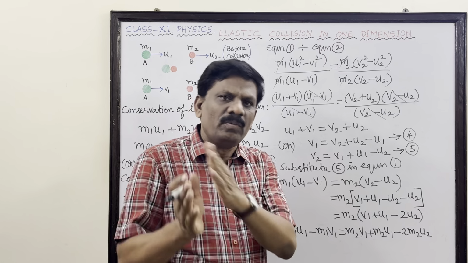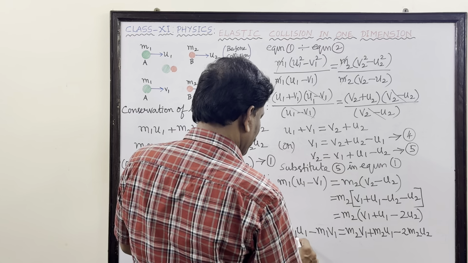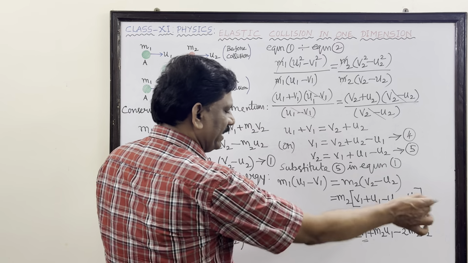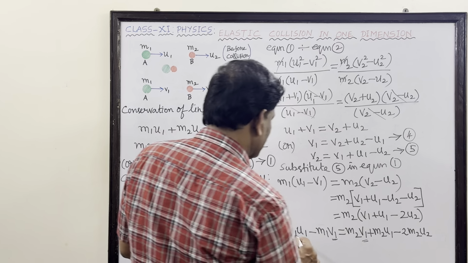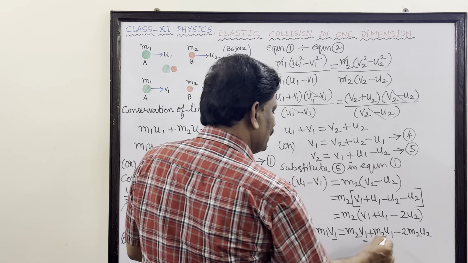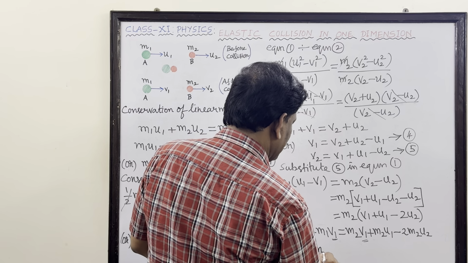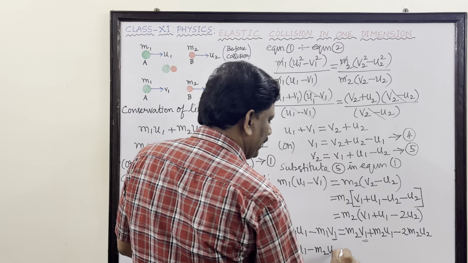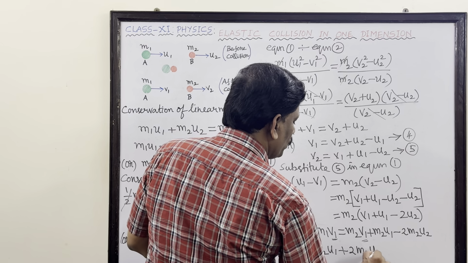So I am going to group all the v1 terms on one side. The v1 term on the right side, or on the left side also, we can take. So first I will shift the terms as they are here. m1 u1 is here, then minus m2 u1, and this minus brought to the left side is now plus 2 m2 u2.